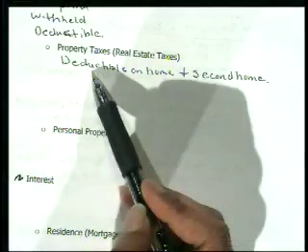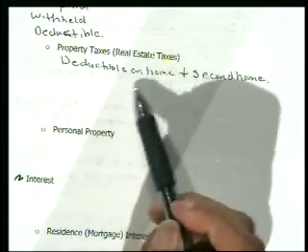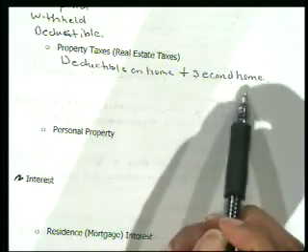Then we could take the personal portion of that mortgage interest and taxes on Schedule A, because they tell us that when we take our real estate taxes, we can deduct taxes on our main home and a second home.